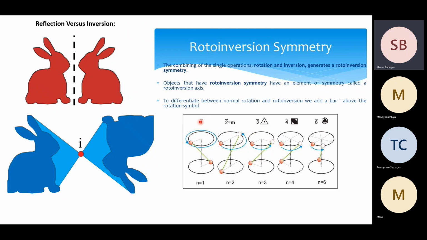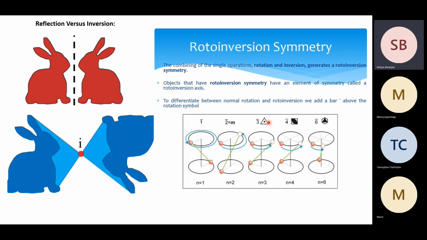Let's start with one, which is unity, so that is not important. But if you start from 2, which is the twofold axis of rotation, you start from this point, rotate it 180 degrees, it reaches this white point, and then you invert it through a point at the middle of this dotted line. You will get it here. So the relation between the first red point and the second red point is roto-inversion.